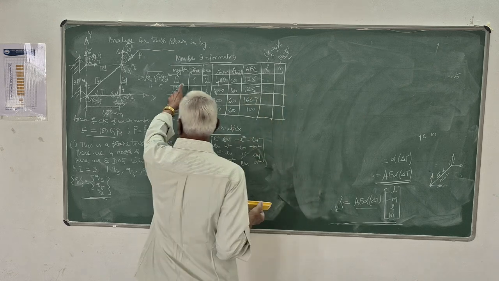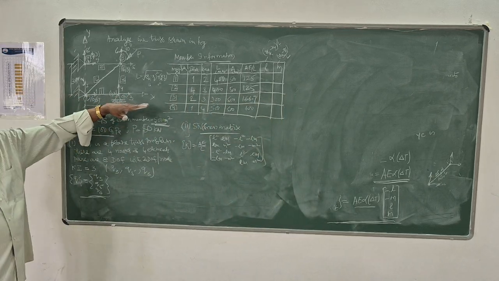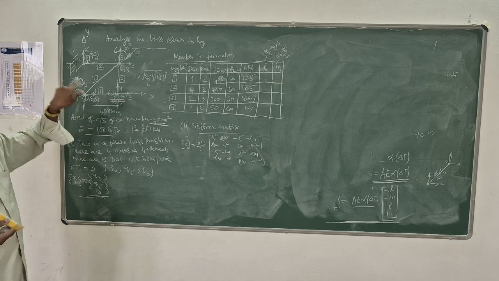So for the first element, straight away I can write because it is horizontal, so direction cosine L is equal to 1, M is 0.